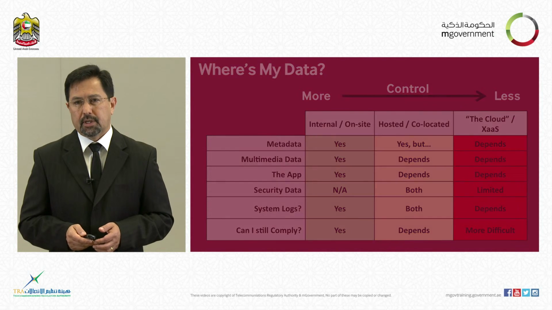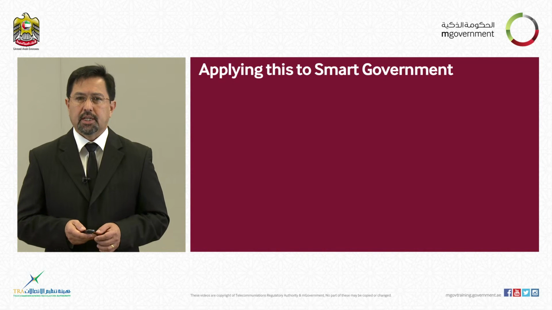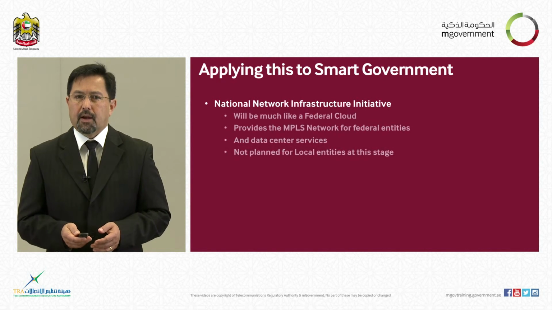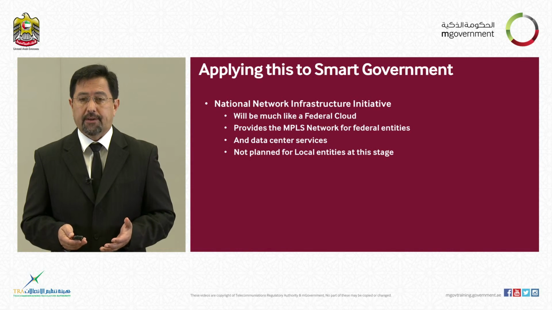Now, getting to how this works into smart government, the National Network Infrastructure Initiative, which is going to operate much like a federal cloud, is in fact going to be able to provide for federal entities a cloud model.